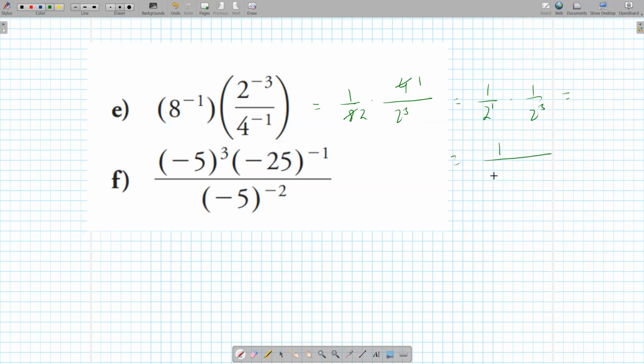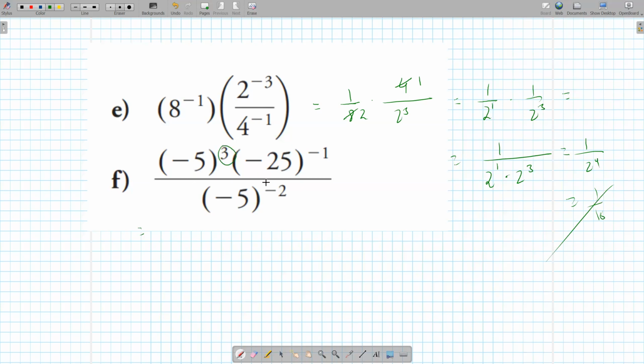It's just a 1 in the numerator, and in the denominator we have 2 to the power of 1 times 2 to the power of 3. Okay, numerator is 1. What do we get in the denominator? 2 to the power of 4. Yeah, and you're done. If you want to evaluate it, that's 16, but you don't have to do the last bit. Cool. F is also very similar.